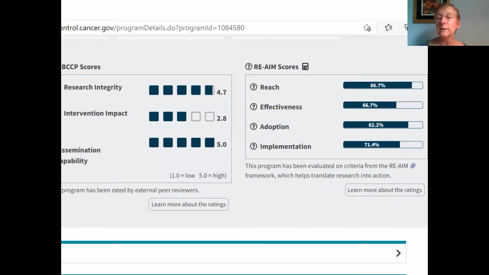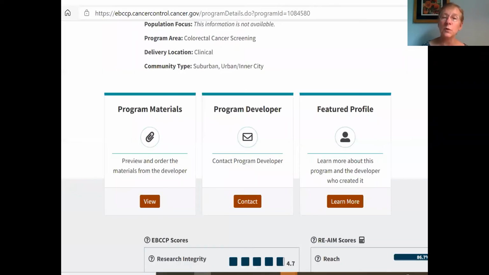And were real-world settings and providers able to implement it as intended? So that's just another resource. This, on the evidence, is again continuing Flu-FIT, Flu-FOBT on the EBCCP website. They also provide a link where you can see the actual program materials that they have available for you to use to implement this intervention.